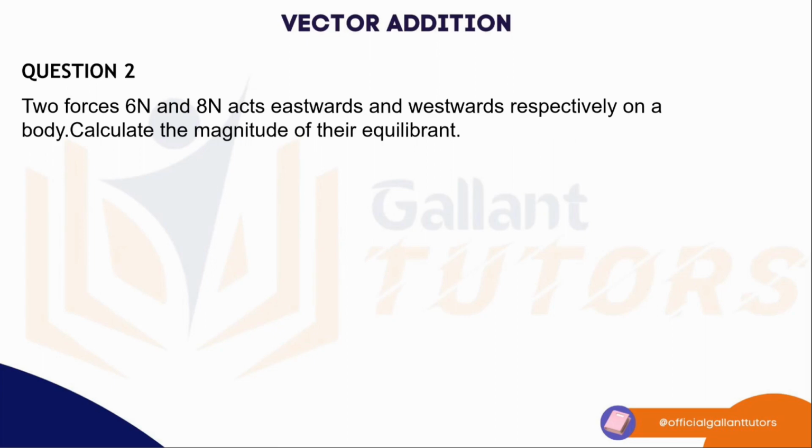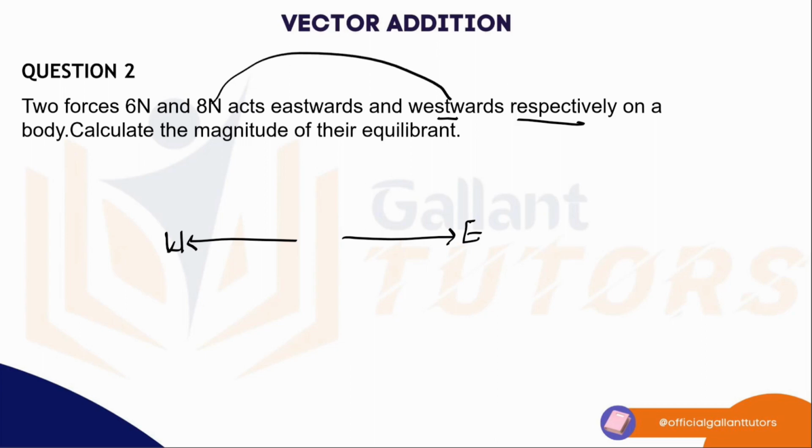We have 2 forces acting eastward and westward, respectively. So this is west and this is eastward. So we have 2 forces acting in this direction and acting in this direction. For the one acting towards the west direction, since they say respectively, this will be for this, right? And this will be for this. Is that clear?